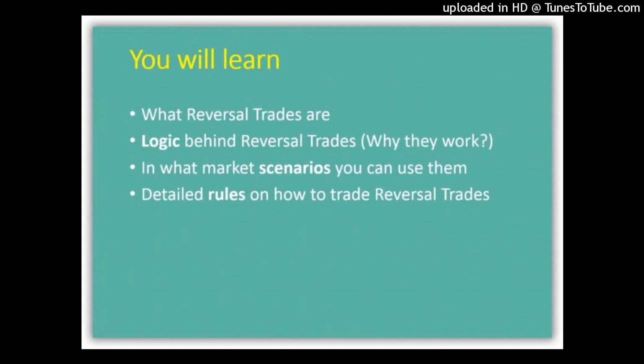So if there was, for example, an 8 pip reaction to the level, then if the price goes past the level, again you don't take the reversal, because the price already made the reaction. It made a smaller reaction, but there was a reaction. So the level worked, and there's no point in trading the reversal. You only trade the reversal when the level doesn't get respected and the price goes past it.